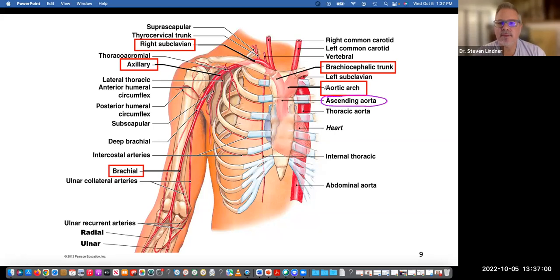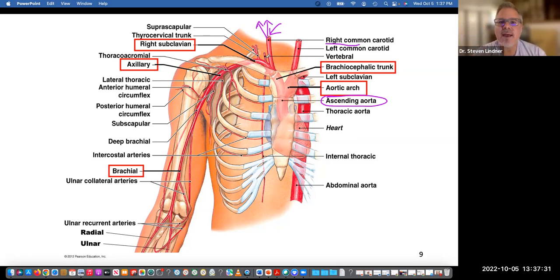Okay, so now if we take a closer look, here again is the ascending aorta. Here's the aortic arch. Here's the brachiocephalic trunk coming off to the right. Now, off the brachiocephalic, here is where we're going to have the right common carotid artery. And that common carotid will divide into two vessels, right? Anything with common: internal and external carotid artery. Internal is going to feed the brain and external will stay externally.